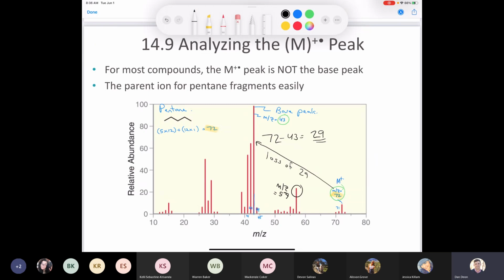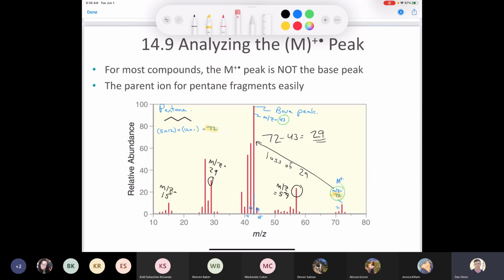The base peak is at 43, so that was the loss of the ethyl. What if you lost a propyl? So that would mean that you would have a peak at 29. Lo and behold, there's a mass over charge equal to 29. Here we have a mass over charge of 15, so everything is exactly as we predicted.